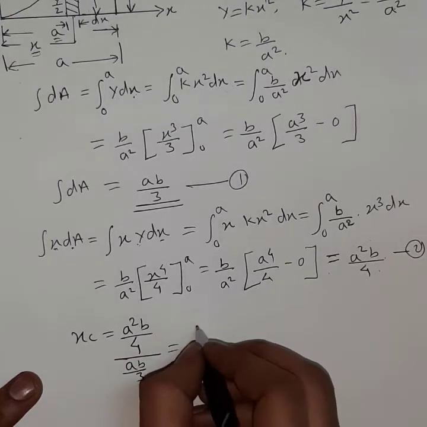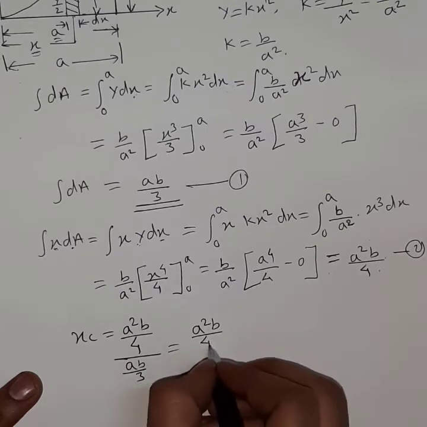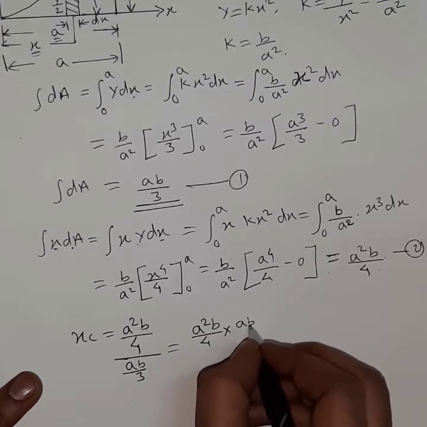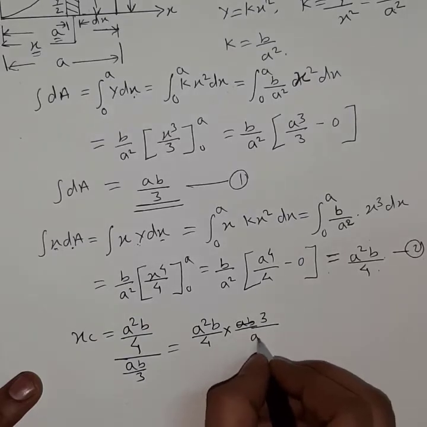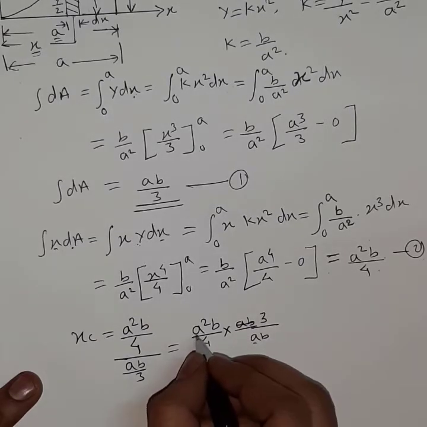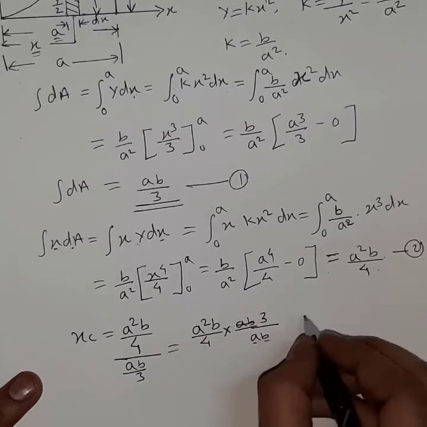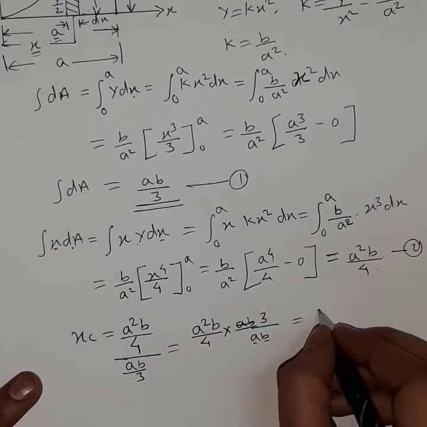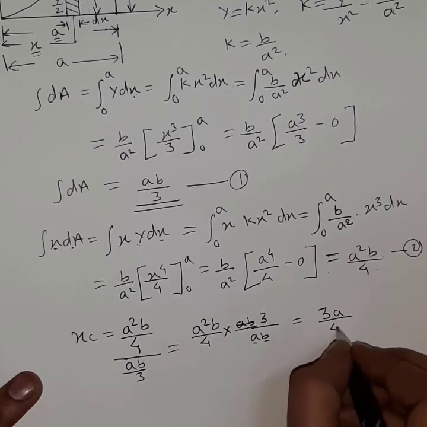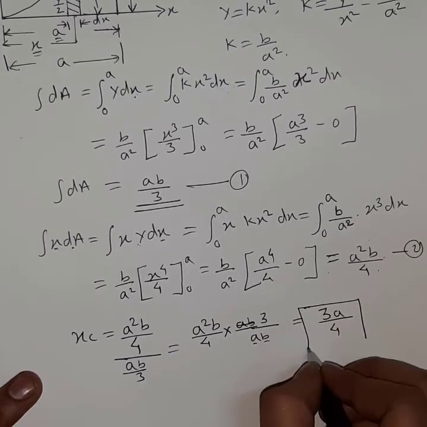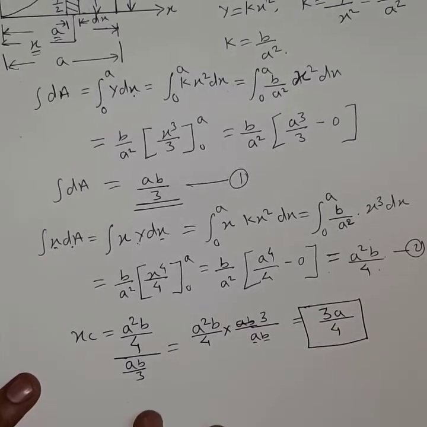So we can write it as a square b by 4 multiplied by 3 divided by ab. This a will cancel, b will cancel, and we get 3a by 4. So this is the value of xc, 3a by 4.